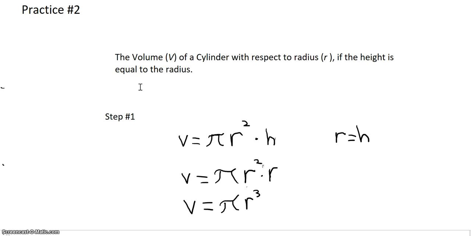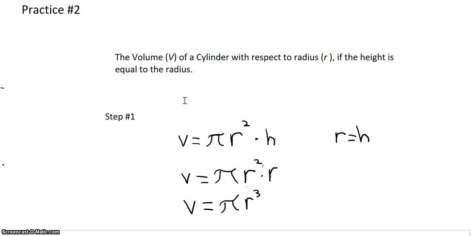That means we're not finding the instantaneous rate of change at a specific point. All we have to do here is find the derivative, so that we have the general equation for the rate of change. That means you only have to do the first 2 steps. The second thing to notice is the last sentence: if the height is equal to the radius. That will make more sense once we start doing the question.